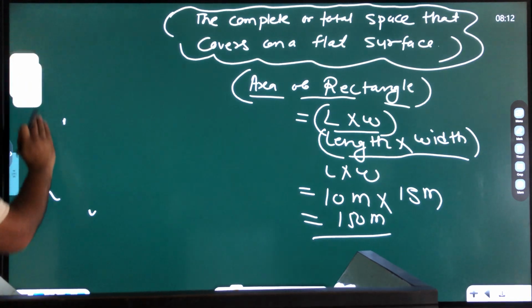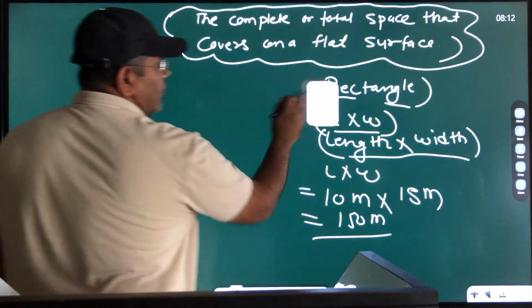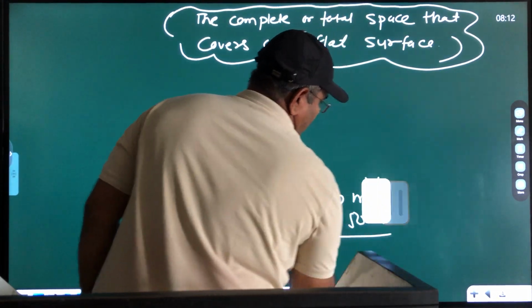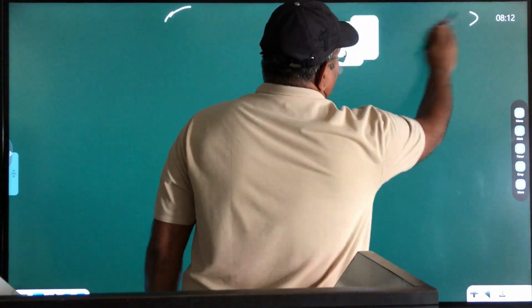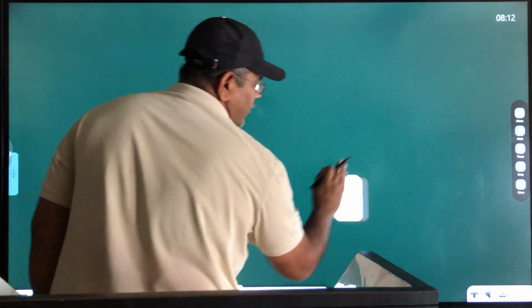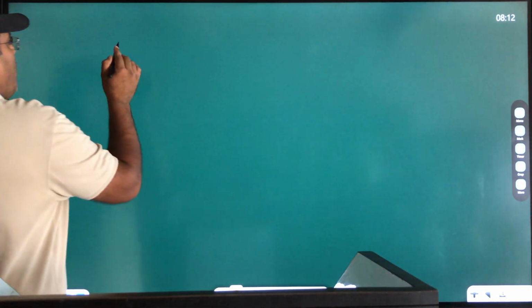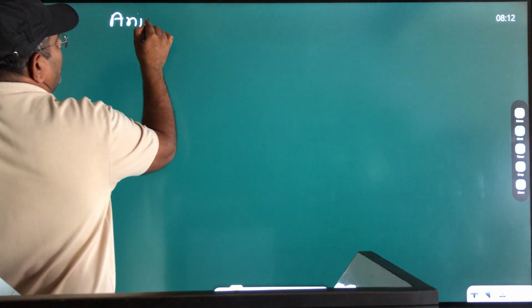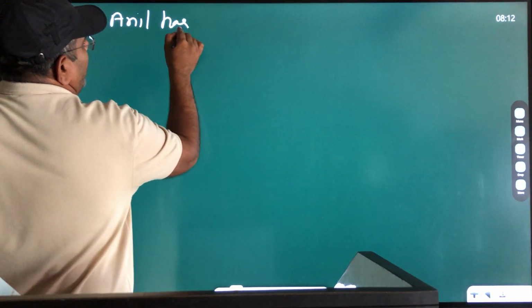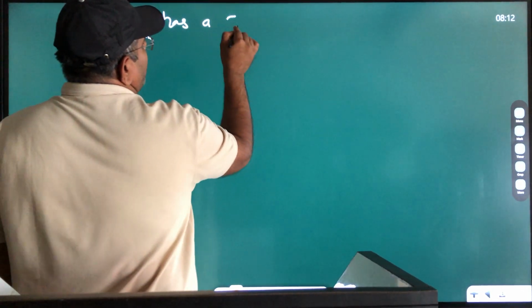Guys, I will explain why we need to use the area of rectangles. For example, Anil has a study room.